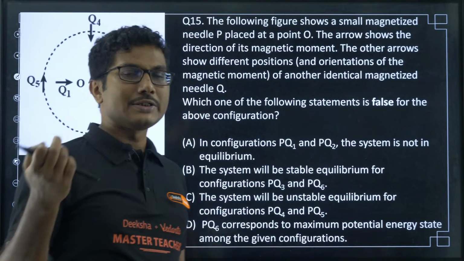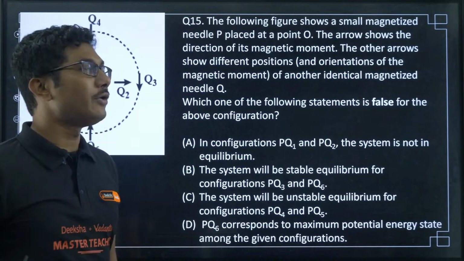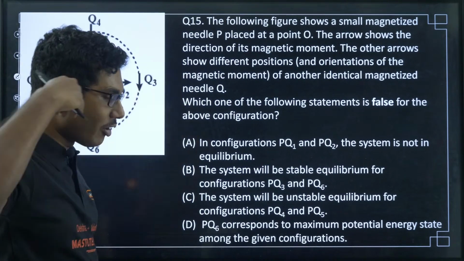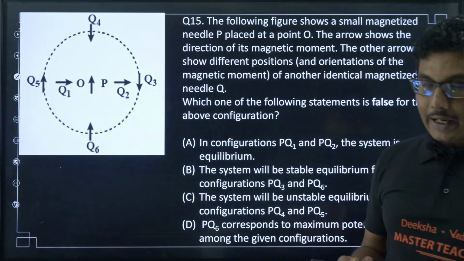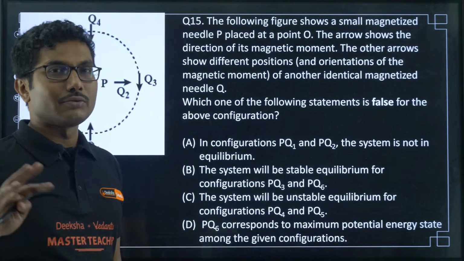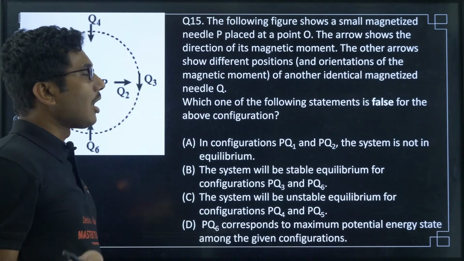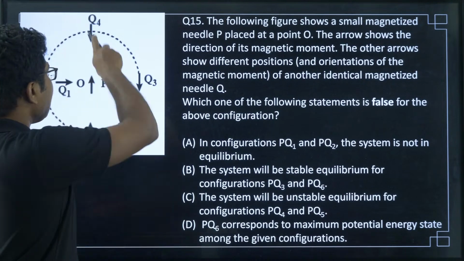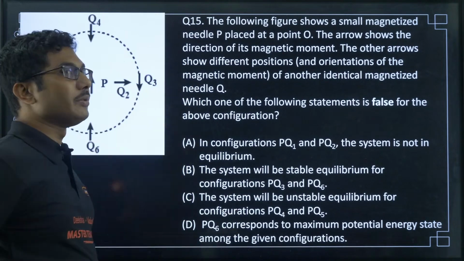The angle is 180 degree, which means torque acting on them is 0. So they will initially not be compelled to move from their initial position. But if you slightly move them, as soon as the angle is no longer 180 degree, they will experience a torque and they will try to orient themselves in the opposite direction. So this is why it is called unstable equilibrium.